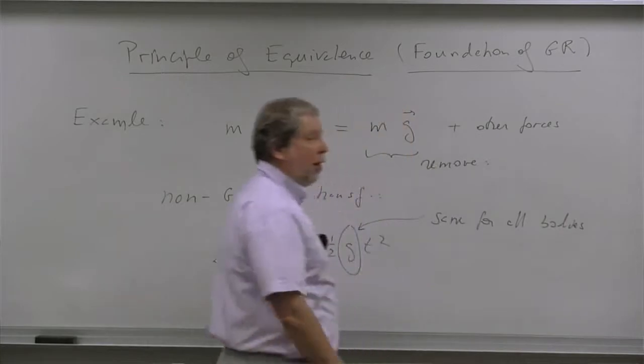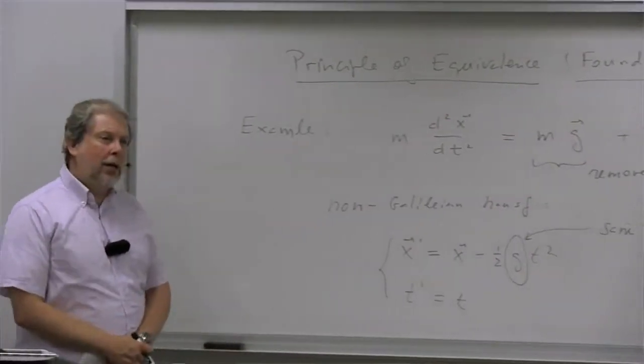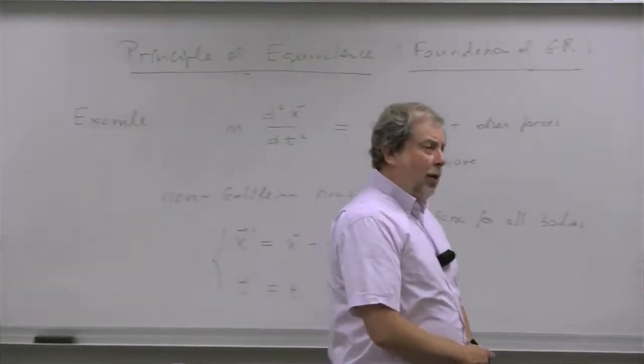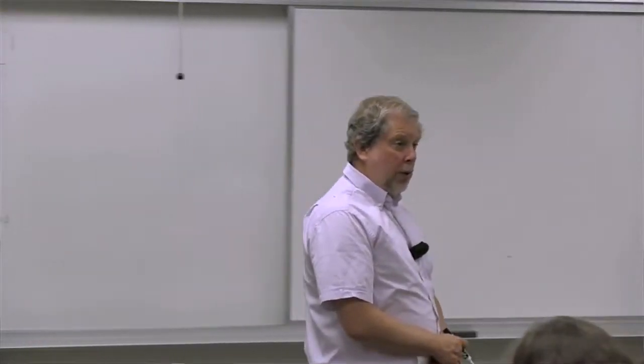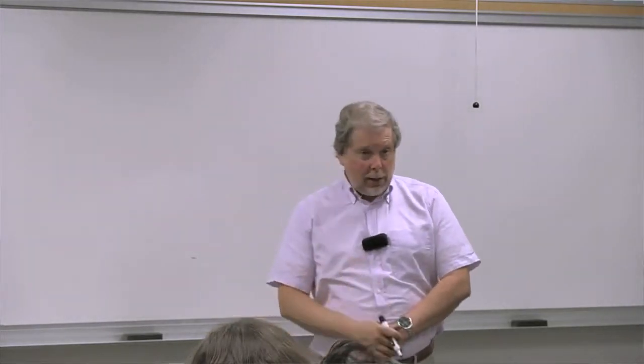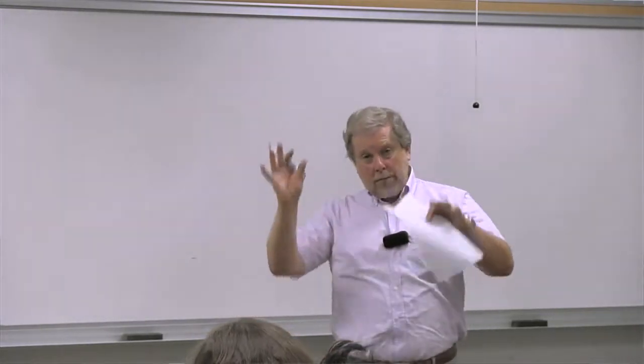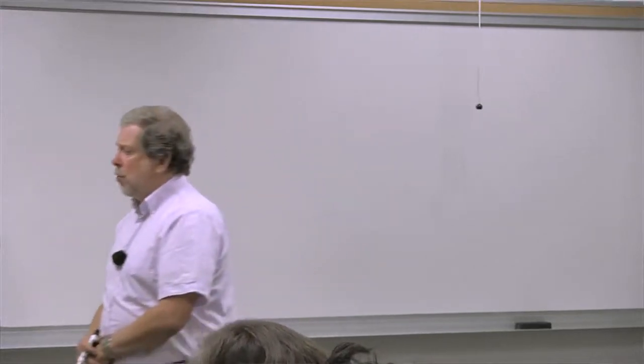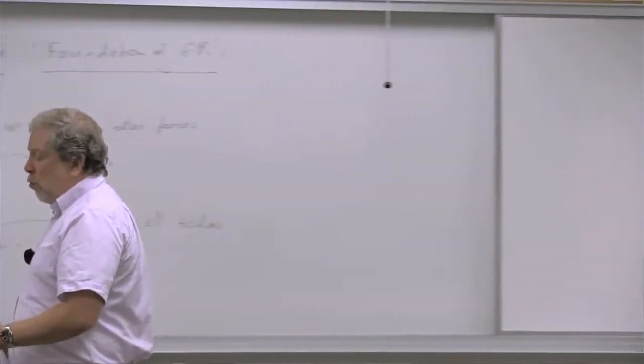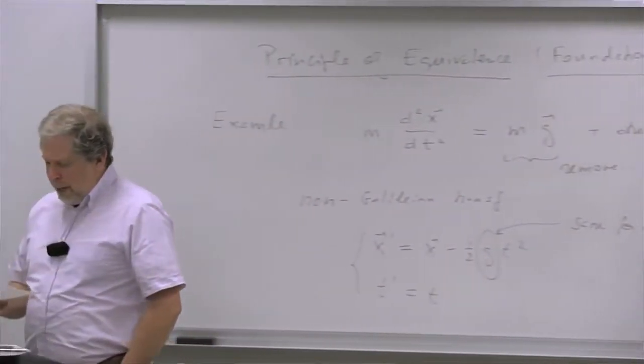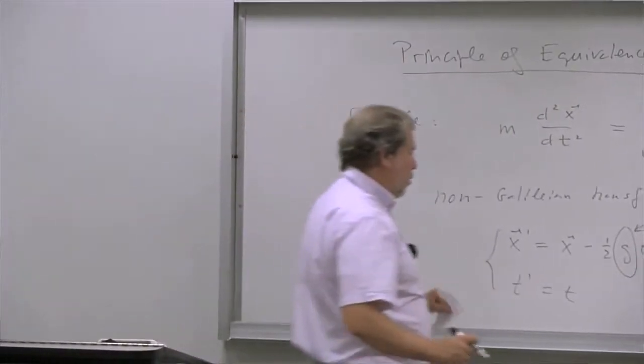bodies, right? Remember, the universality, right, of gravitational attraction means that they all fall with the same acceleration, which means that we can remove the effect of gravity by a single transformation for all these bodies that are in a gravitational field. And doing this transformation just eliminates the gravitational field.